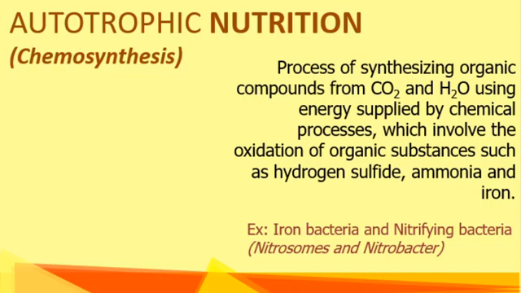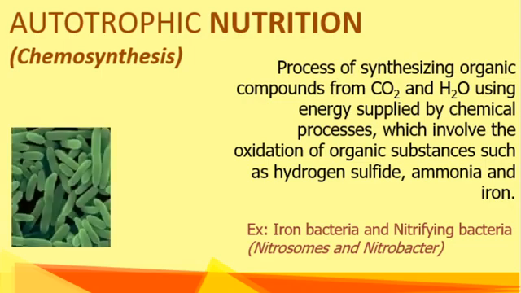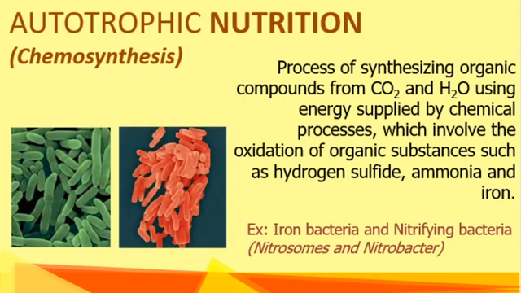Chemosynthesis is the process of synthesizing organic compounds from carbon dioxide and water using energy supplied by chemical processes which involve the oxidation of substances such as hydrogen sulfide, ammonia, and iron. For examples, we have the iron bacteria and the nitrifying bacteria, like Nitrosomonas and Nitrobacter.